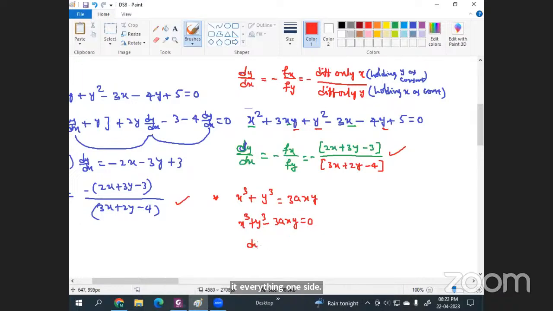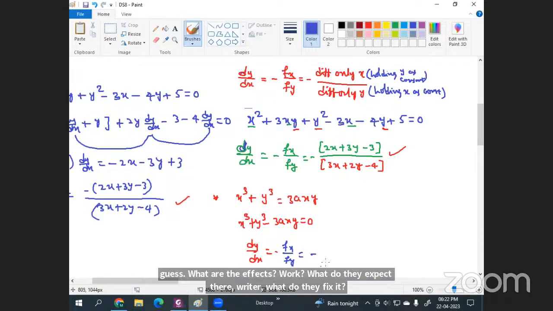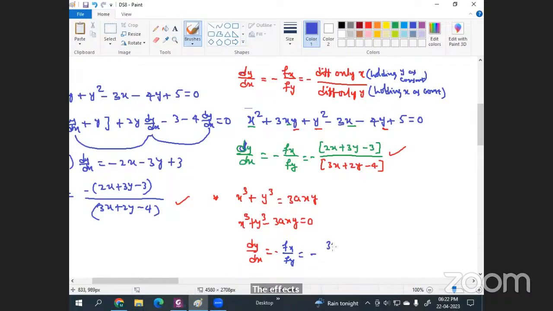Right? So dy by dx equal to minus fx by fy. What is the fx derivative here? x cube, that is 3x square. And what is the derivative of this one more?